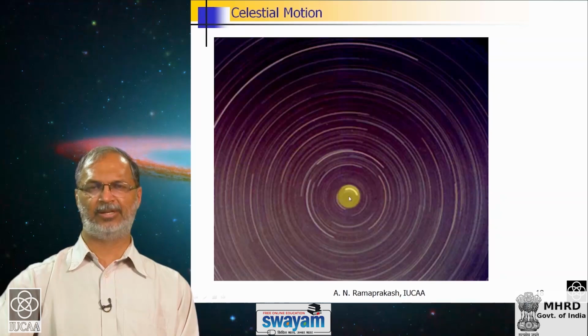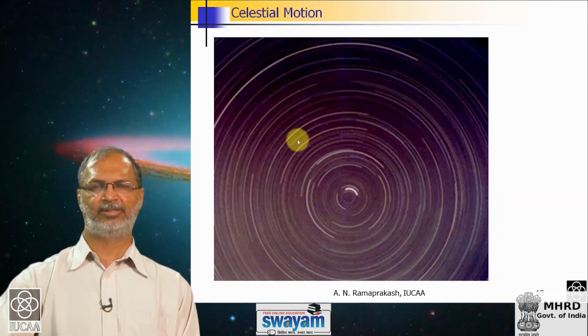This is easy to understand, because the reason why objects in the sky appear to move is that it is not the sky which is moving, it is us sitting on the earth and going around as part of the rotation of the earth about its axis, which makes the sky appear to move.